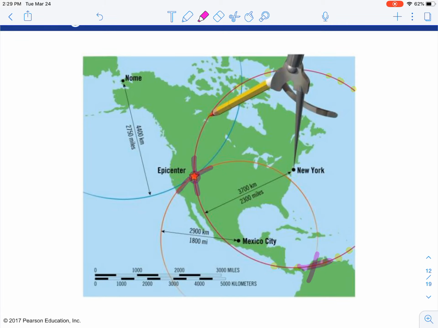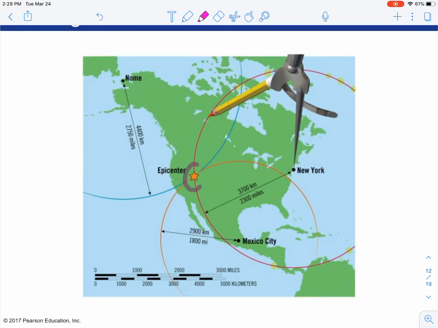Well, if we add a third circle to the equation, that's where the magic happens, right? So when you add a third, and we look at Nome, Alaska, Nome, Alaska had the greatest lag time and is 4,400 kilometers from the earthquake epicenter. X marks the spot.